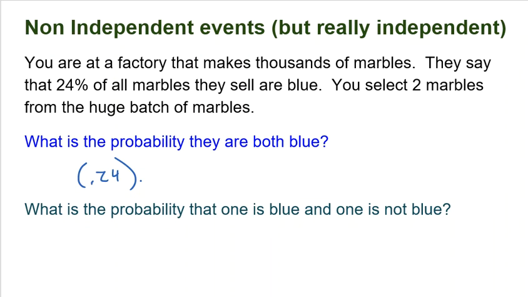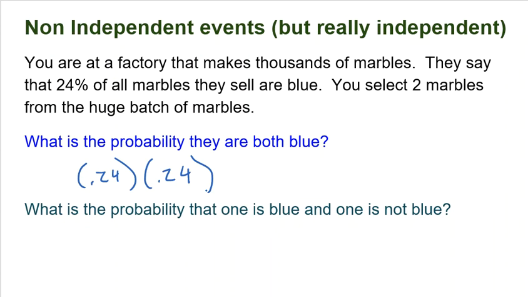But if you're at the factory and there's hundreds of thousands of marbles, if you take out one blue one, do you really think that you have changed the probability of getting a blue one again? It's probably still going to be 0.24. Now, I will be honest, let's get down to the basement here, okay?